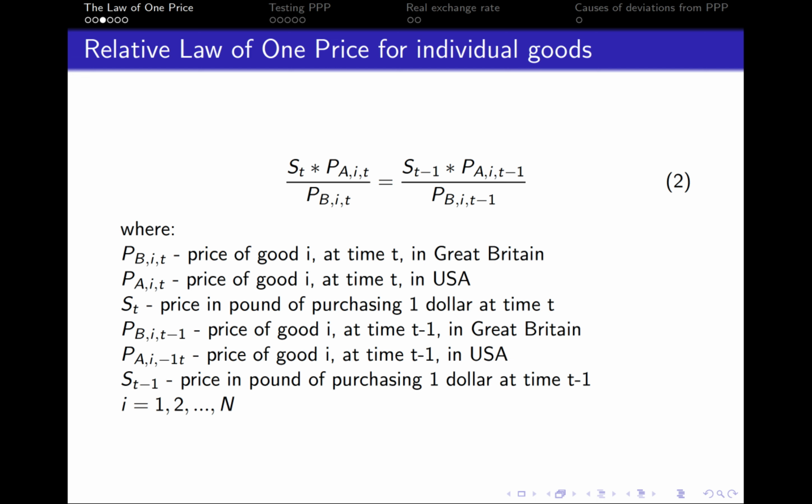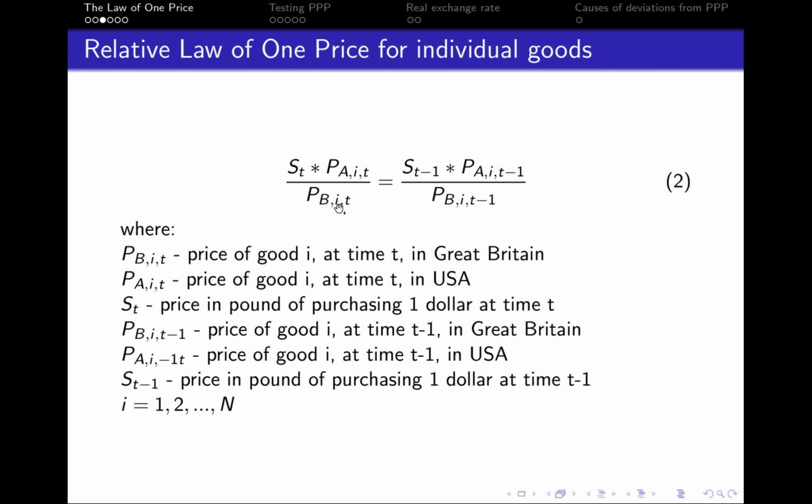And look, from this we get a very important thing. It means that the absolute law of one price immediately implies the relative law of one price. And it's not true in the opposite direction. We can still have this law fulfilled even though the absolute version of it will not be holding.